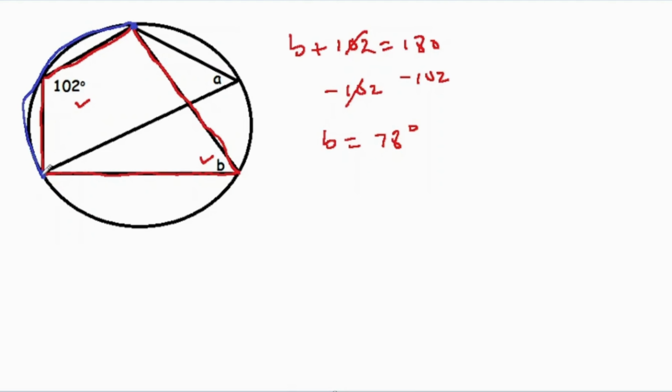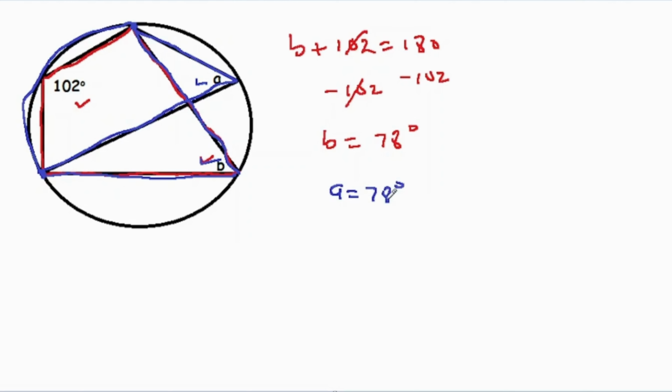This arc actually subtends angle B, and that same arc subtends angle A. Good. So angle A equals angle B. Angles in the same segment subtended by the same arc are the same. If B equals 78 degrees, A equals 78 degrees.